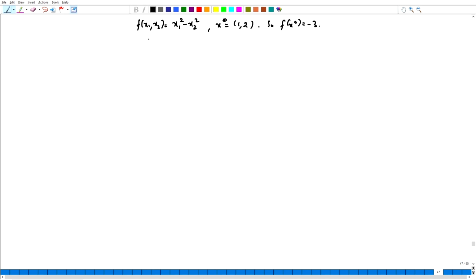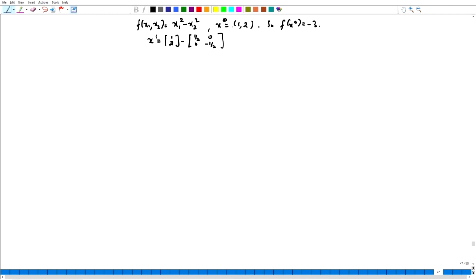Now, let us see what is x1. x1 is x0, that is (1, 2), right, minus H inverse gk. H, if you recall, is [2 0; 0 minus 2]. So, the inverse is [half 0; 0 minus half], times gk.